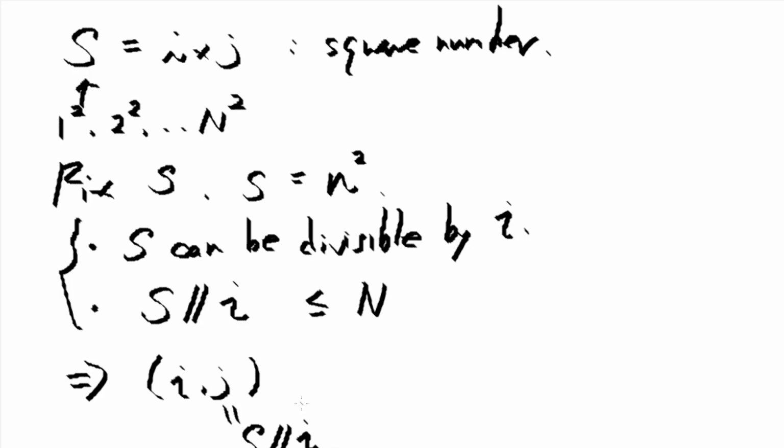So we have to find all of i, j. You can write the code easily, and this is correct in theory.